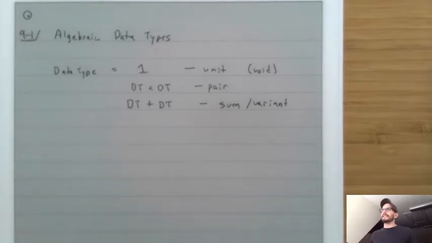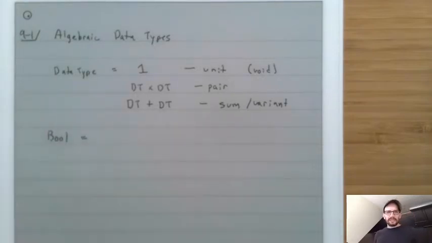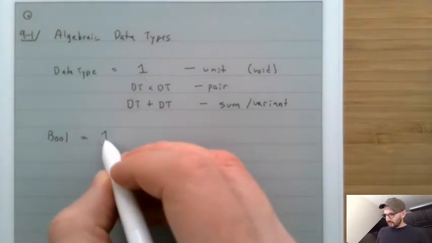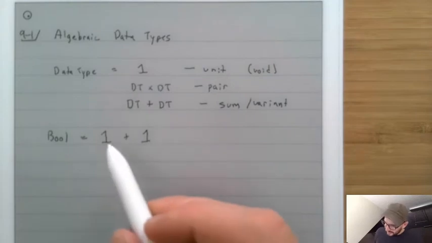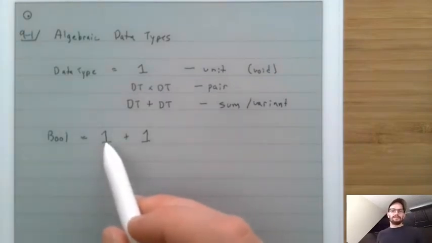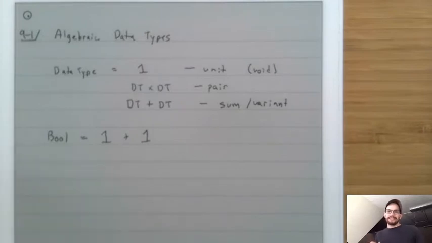Let's look at a few example data structures written in this way. So first of all, think about a Boolean. A Boolean can be represented as 1 plus 1. The idea here is that this value is, say, false, and this value is true, and they don't have any internal pieces to them. All that's important is that you can tell which one is which.